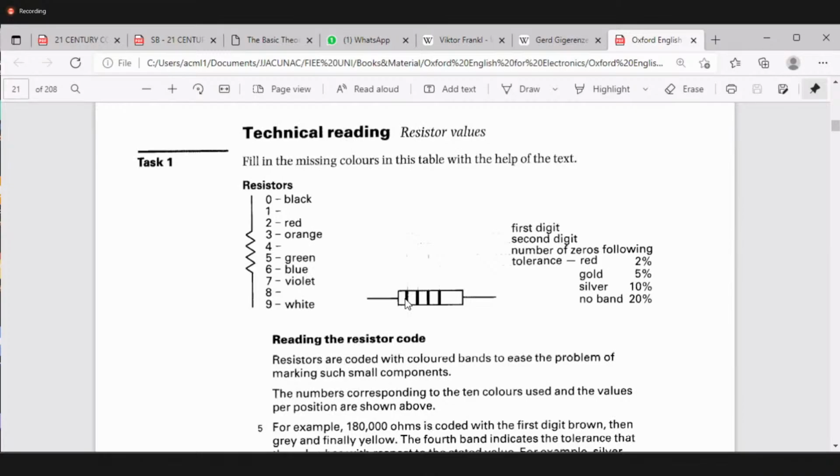Because as resistors are such small devices, it is not convenient to put letters or numbers in order to give the value of each device or component. In that way, they establish a rule or a code of colors, where 0 is black, and what else? Do you remember what color is represented by 1?